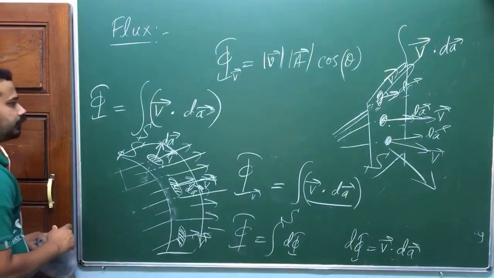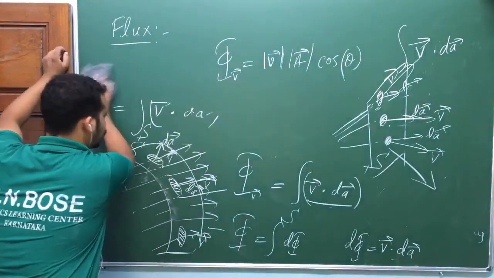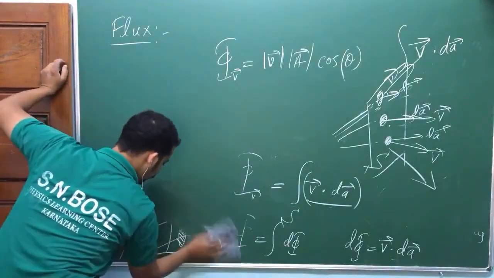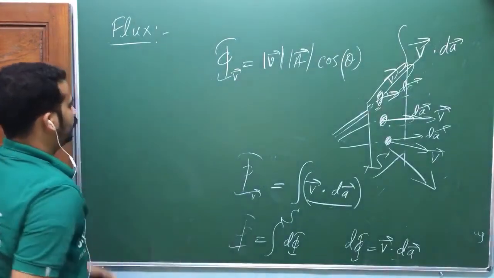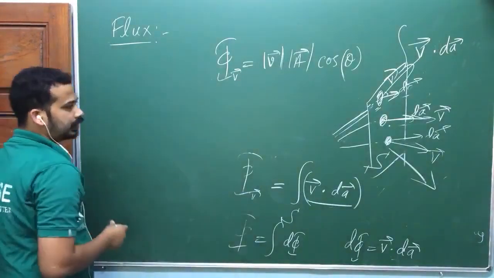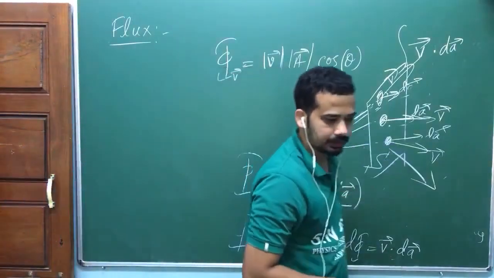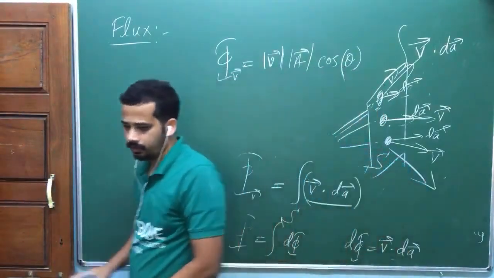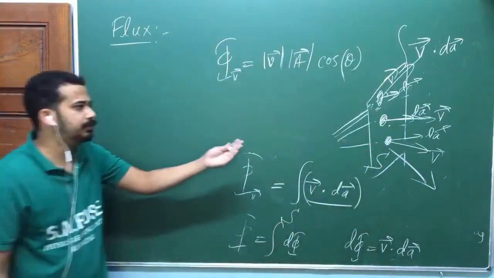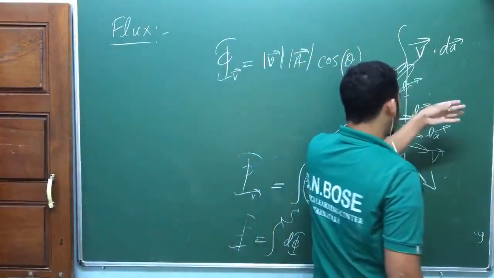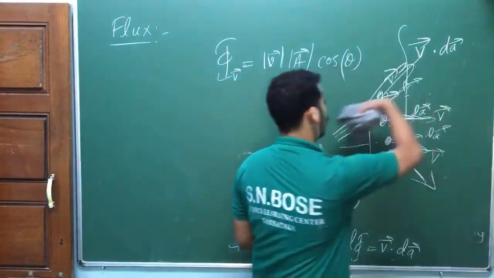Let me give you one more small idea here. If you have a planar surface area like this, there is an inbuilt ambiguity. What is the direction of the dA vector that you need to choose, either like this or reverse, isn't it?